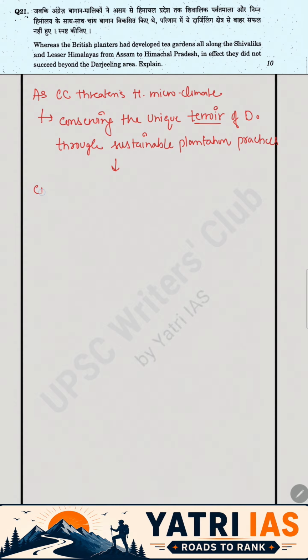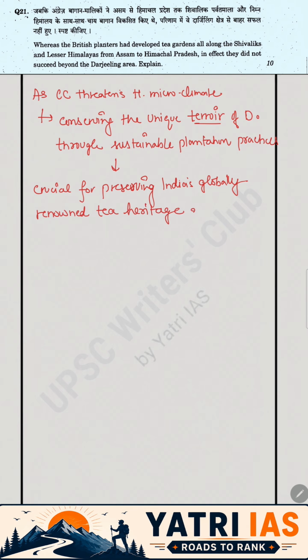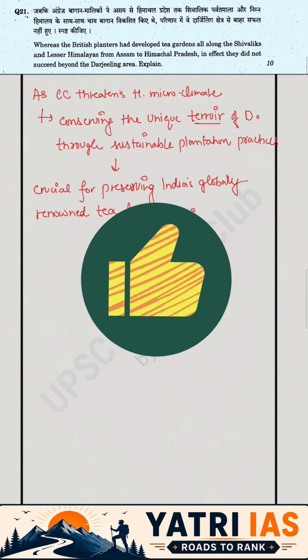And this is very crucial for preserving India's globally renowned tea heritage. So starting with explaining why the region was favored by the British during colonial times and then stating the reasons for the same, you could end your answer on a very positive note like this using these pointers. Thank you.